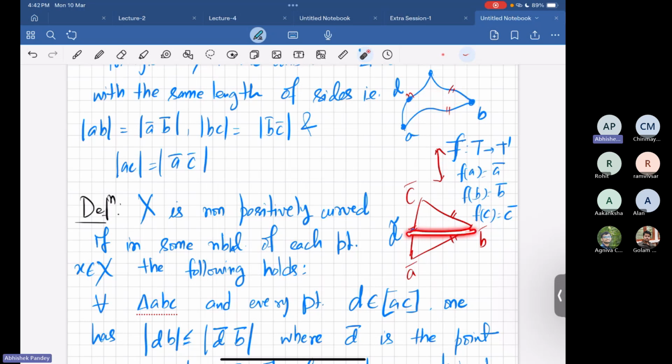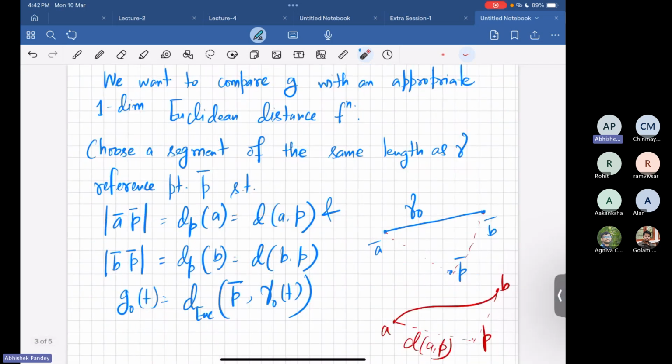This will be the Euclidean line segment, and this will be some curve joining D to B. This is kind of a word by word formulation of the previous definition.